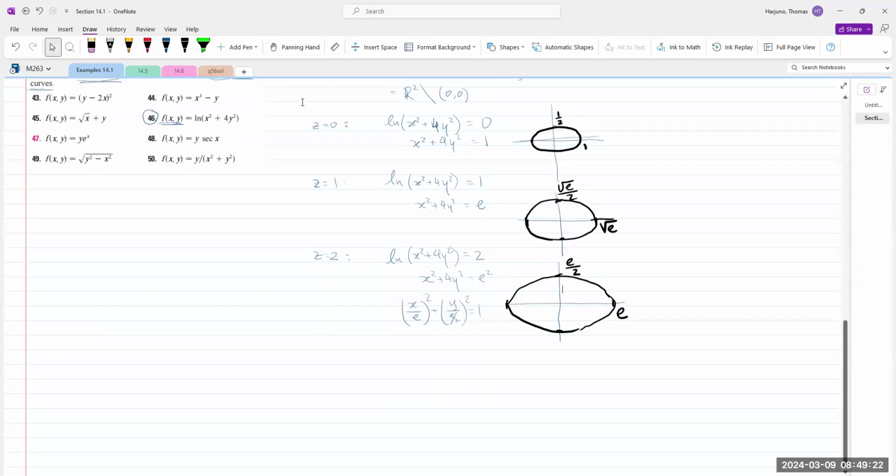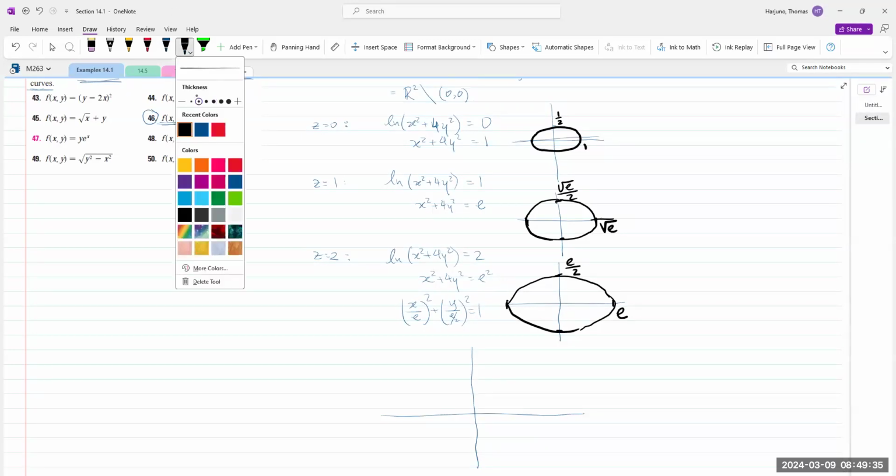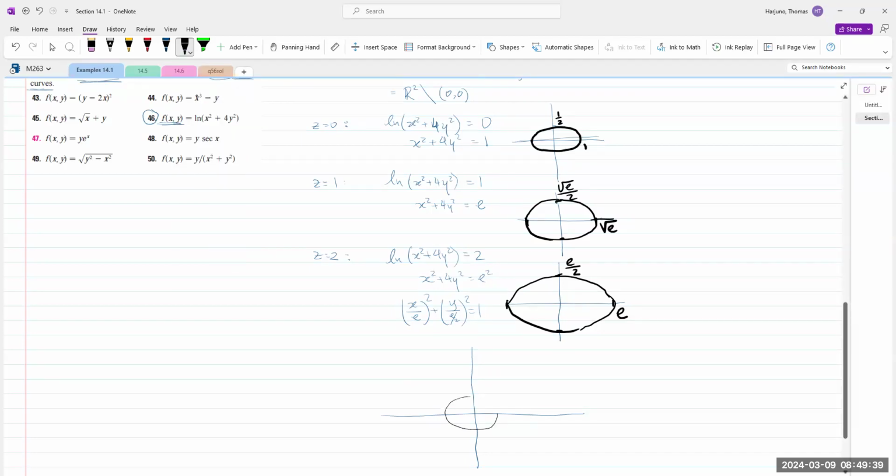Now if I put them together later on, it will look like the following. This is the contour map. I basically put all those three graphs together in one plane.